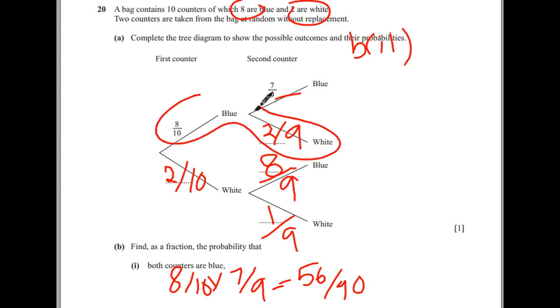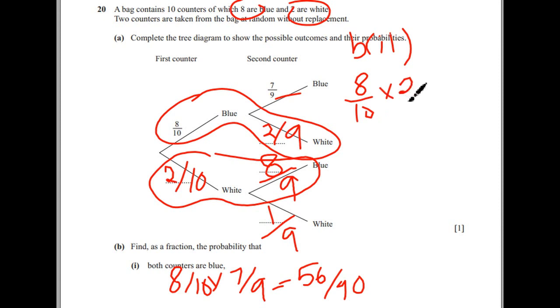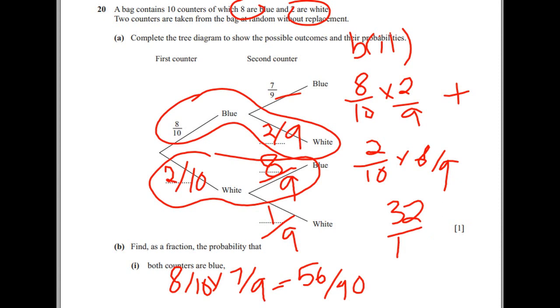So if this is blue, then this is white, and if this is white, then the next one needs to be blue. So simply multiply these numbers and then add them together. 8 over 10 times 2 over 9 plus 2 over 10 times 8 over 9. So the answer is 32 over 90.